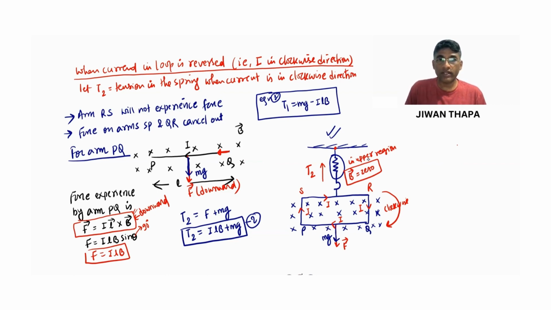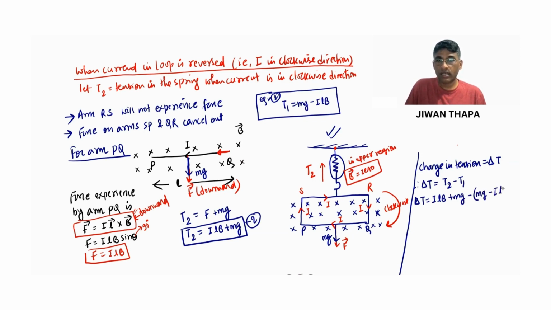Therefore, change in tension delta T equals T2 minus T1. So delta T equals T2, which is ILB plus mg, minus T1, which is mg minus ILB. Let us simplify this.